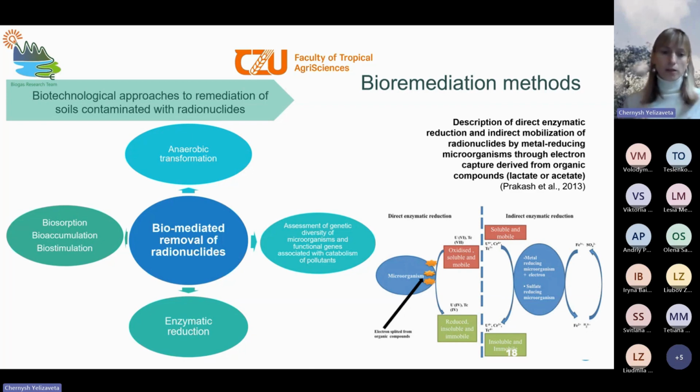So it's the most basic way. As a deeper analysis, we can discuss a lot of bioremediation methods, techniques, and cover a lot of biological agents that can be involved in this.